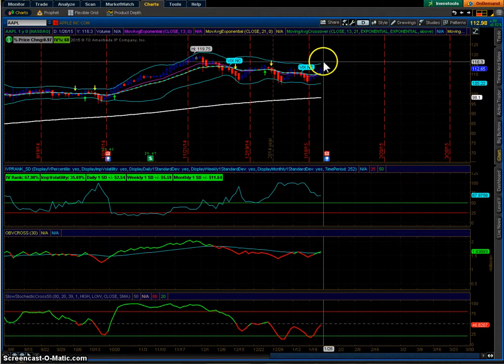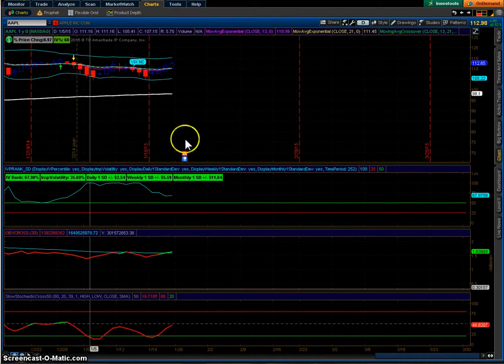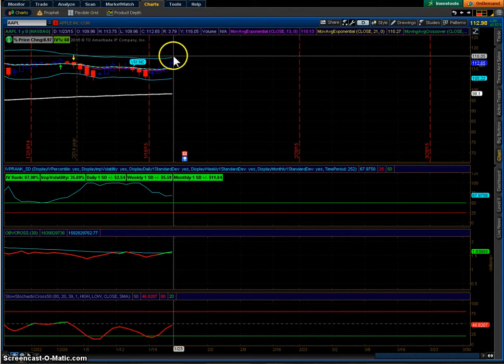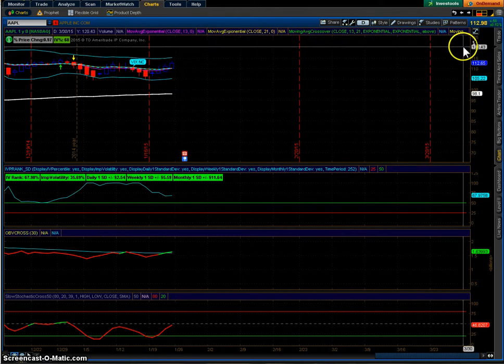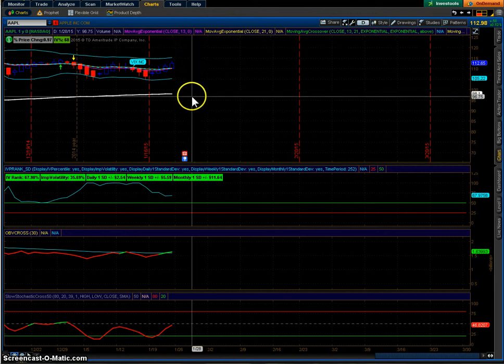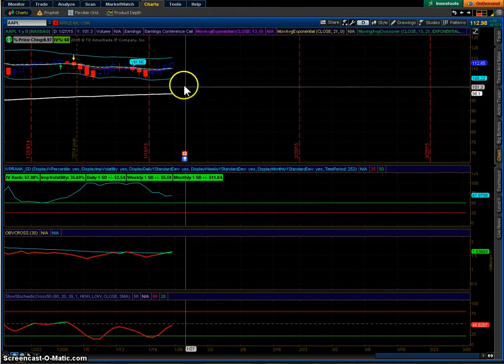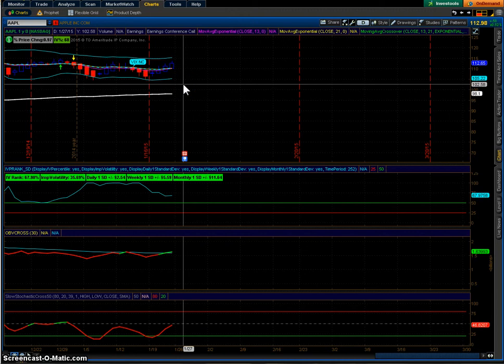So between these two lines, almost. I'll zoom in real quick so you guys can see. You're betting it'll stay below 120, this line right here, and above 104, which is down right around here. That's what a golden gecko really is.